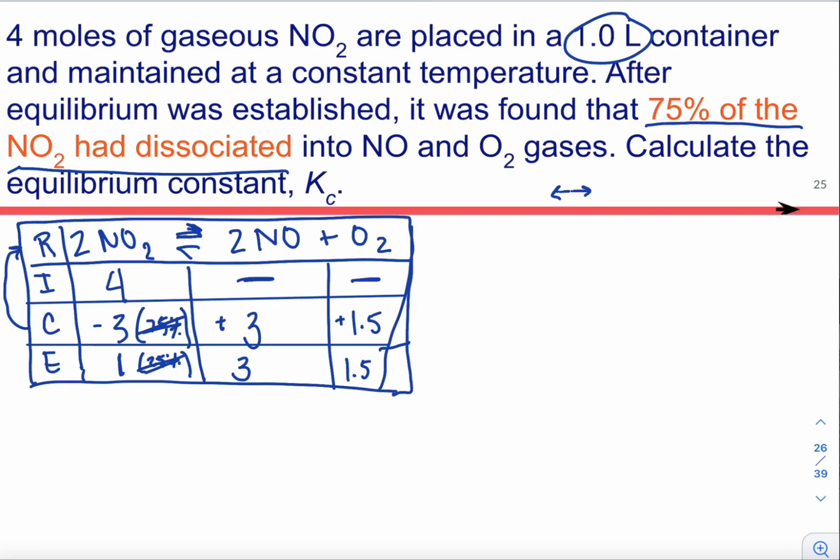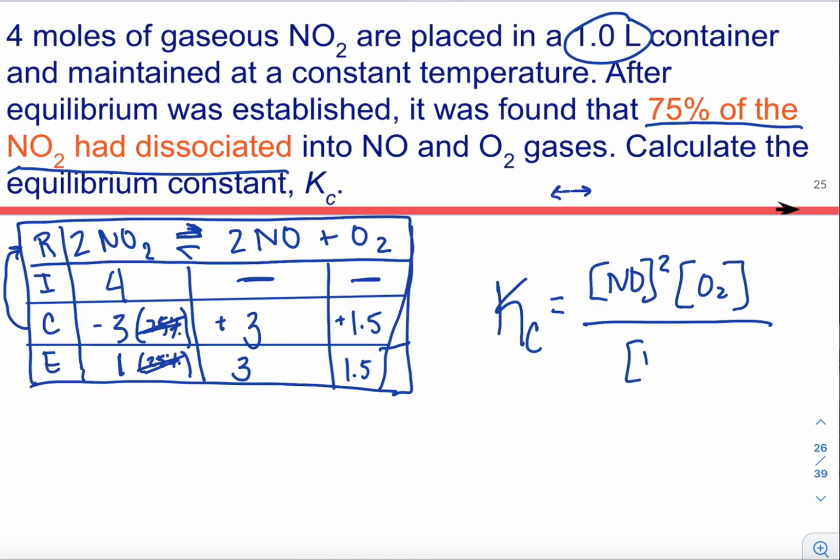Okay, so I'm going to write my equilibrium expression: the concentration of NO to the second power, times the concentration of O2, over the concentration of NO2 to the second power.